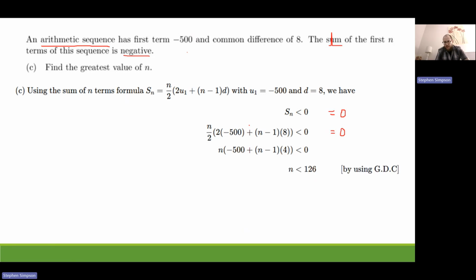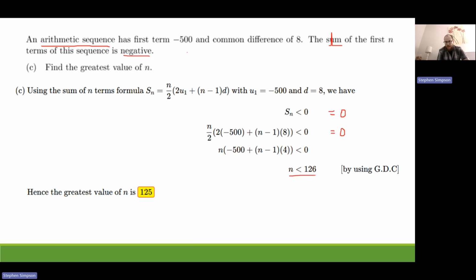We'll distribute, combine like terms, etc. And you can solve this with a graphing calculator as well, or you can just do the algebra. There we go. So n is less than 126. That means n is 125, because the number of terms in a sequence has to be an integer, and our answer was supposed to be less than 126.